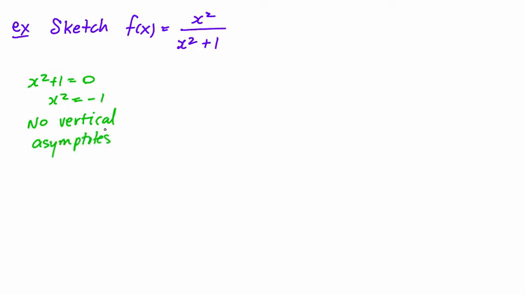Let's move on to horizontal asymptotes. That's when we check the degree of the polynomial on the top and the degree of the polynomial on the bottom. We see they're the same, so then we go to the leading coefficients which are both 1. So there's a horizontal asymptote when y is equal to 1 over 1, or y equals 1.